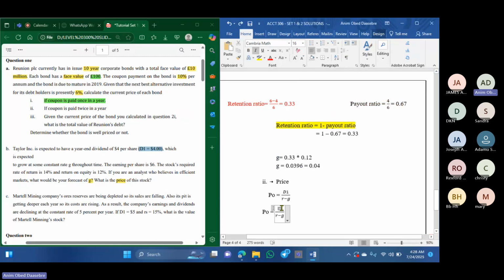So the D1 is 4, R is 0.14, and the growth is 0.04, and the D1 is 4.